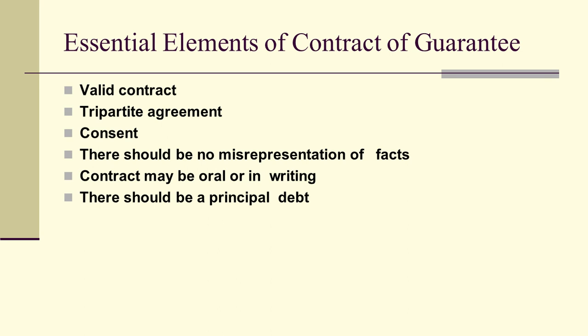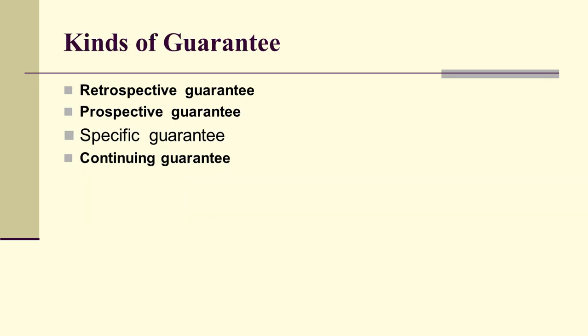Another essential element of a contract of guarantee is that the contract may be oral or written, and there should be a principal debt or principal debtor. So these are all the essential elements of a guarantee. Kinds of guarantee.